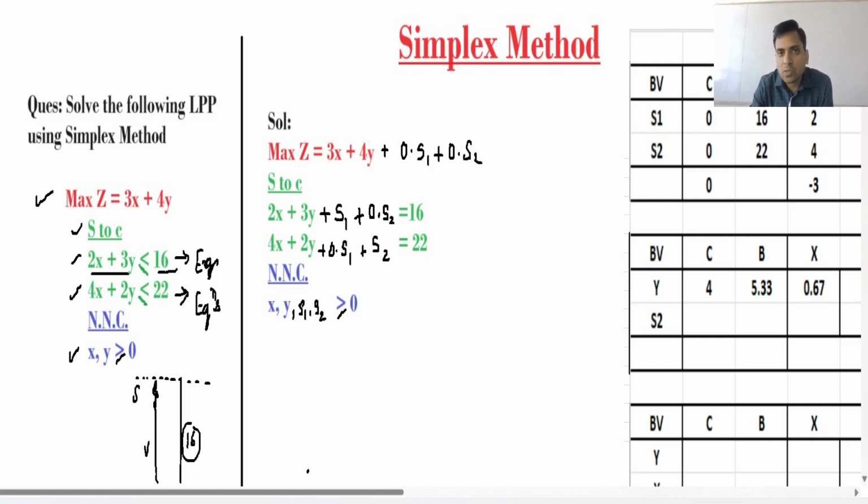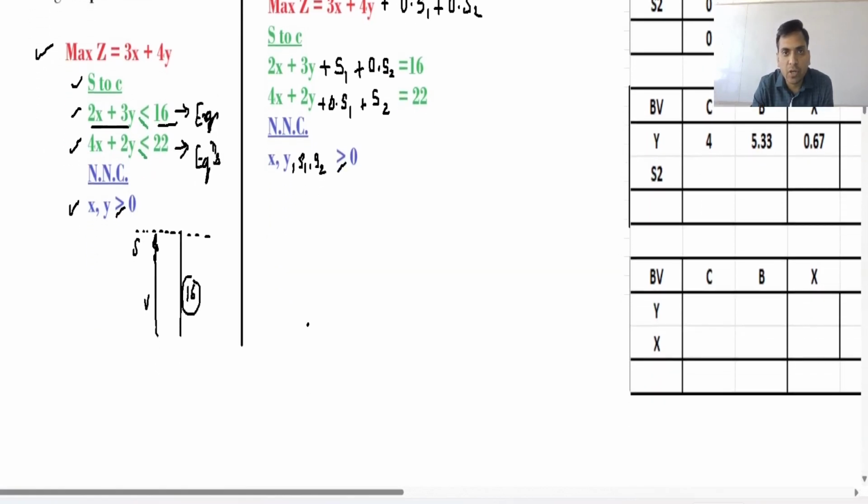Now we can write these two constraints in the form of Ax is equal to B also. So what is this B? This x is the set of variables, and in this case we have variables x, y, S1 and S2. And this B is the constant part.